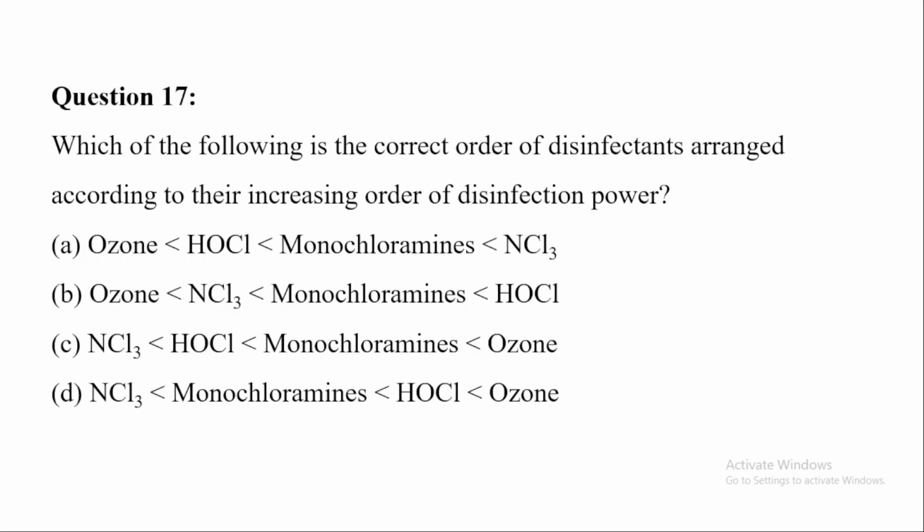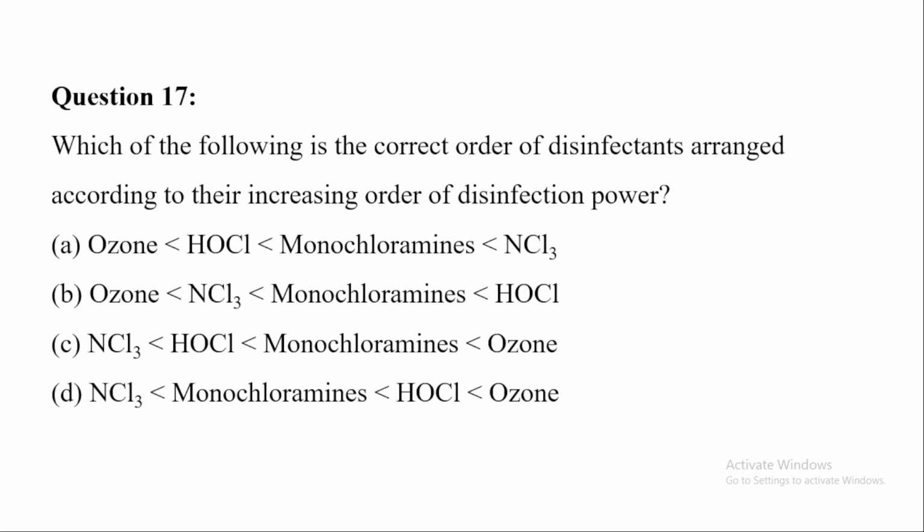NCl3 is trichloroamines. We have to tell which is the most powerful disinfectant and which is the least powerful. For this question, the answer is option number D.